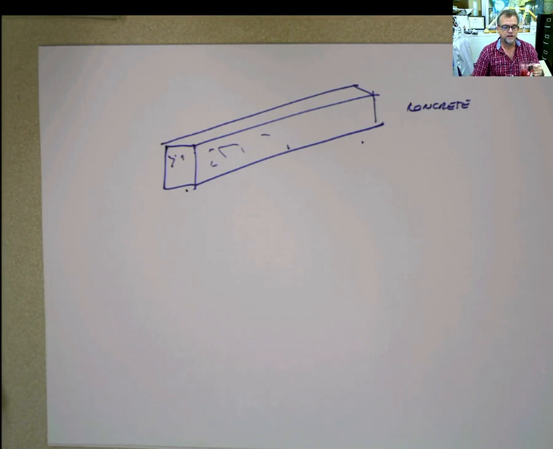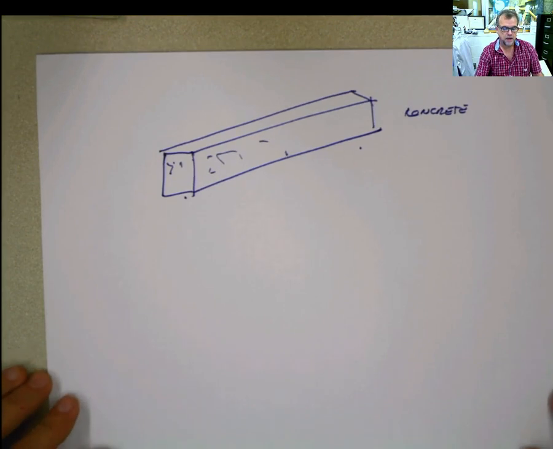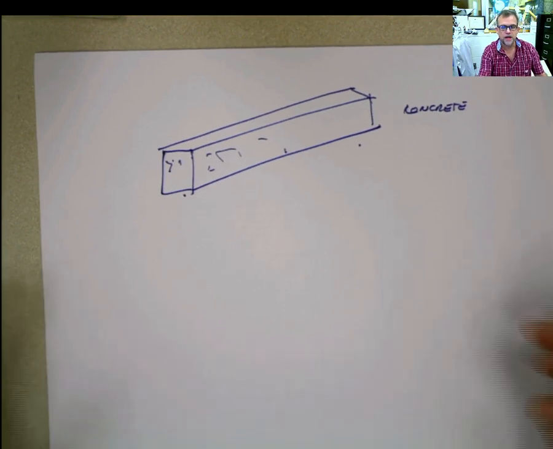What is the definition of concrete? This is a topic for another lecture, but anyway, concrete is just a mixture of cement, of course, coarse aggregate, which could be crushed stone, and fine aggregate, which most of the time is sand, water, and in some cases admixtures.